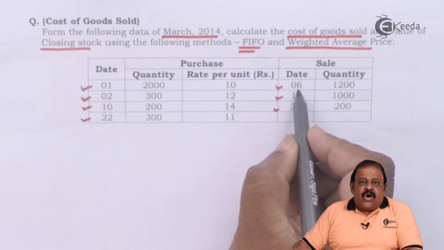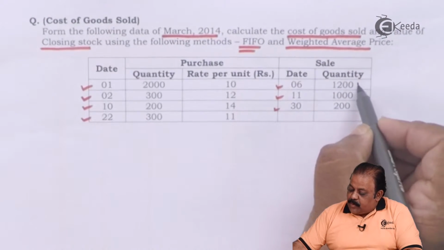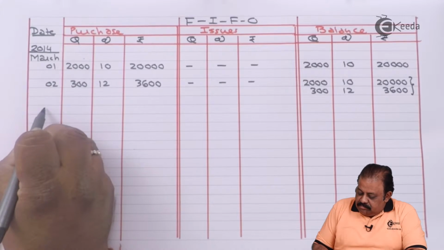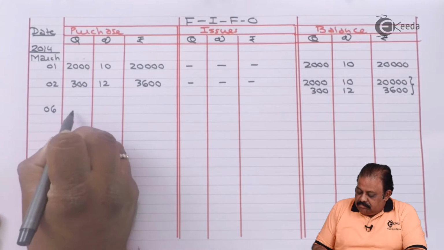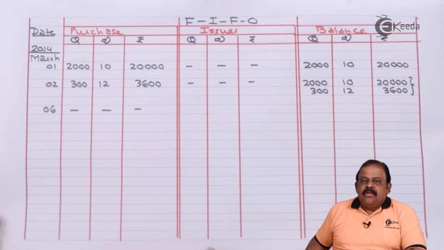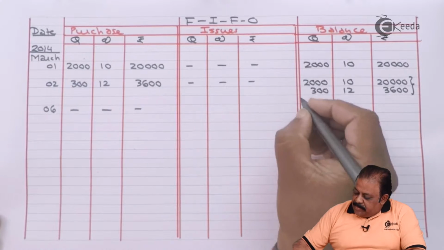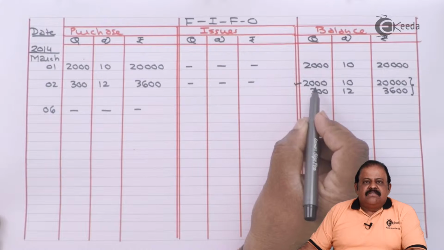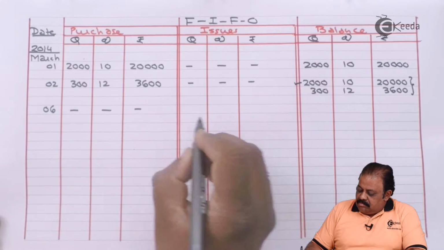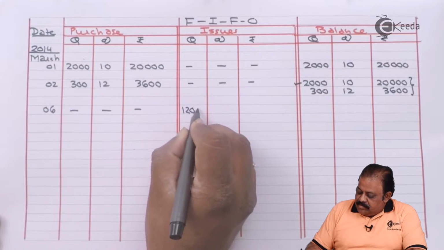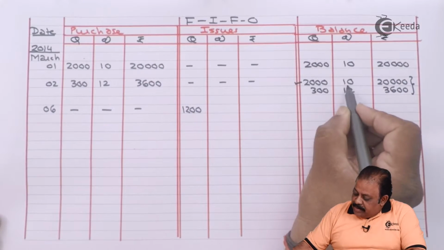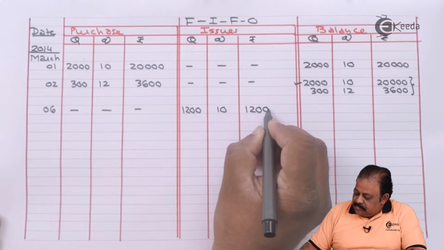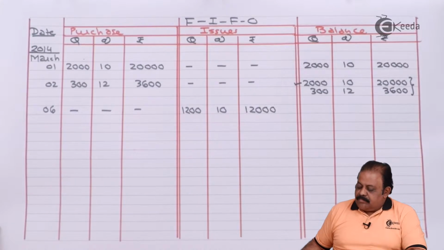On 6th of March, there is sale of 1200 units. Units will be taken from stock of 2000 units because it is first in, first out. So applicable rate will be rupees 10. So it is 12,000.